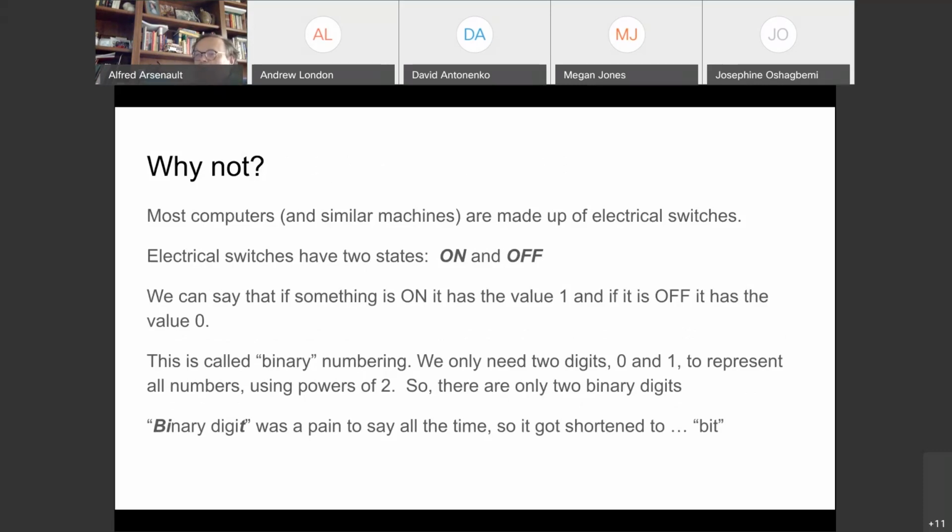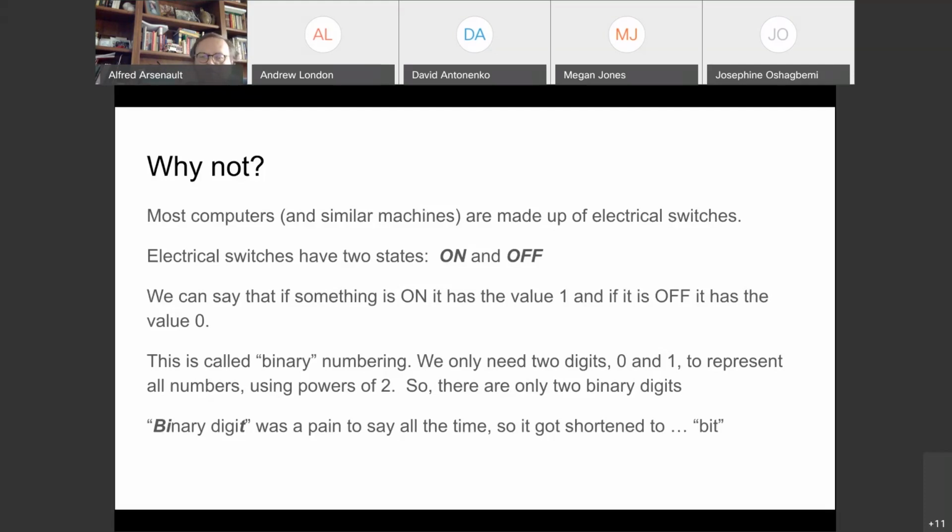Nowadays, electrical voltage is usually maintained in one of two states; you don't actually let it go to off. You have a positive voltage or a negative voltage. These switches have really only two states, which we effectively call on or off. On has the value 1, and off has the value 0.